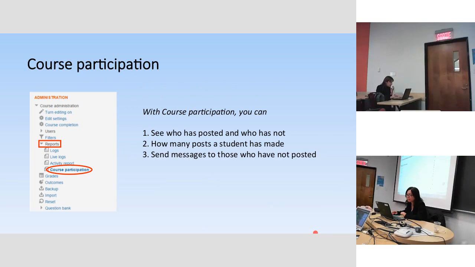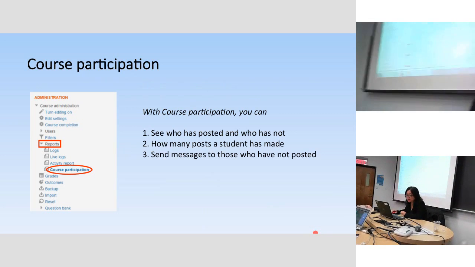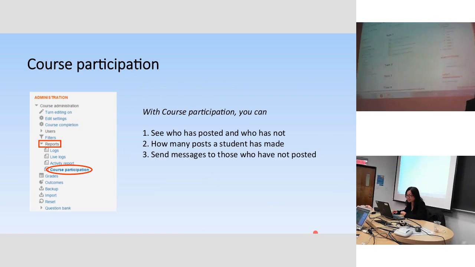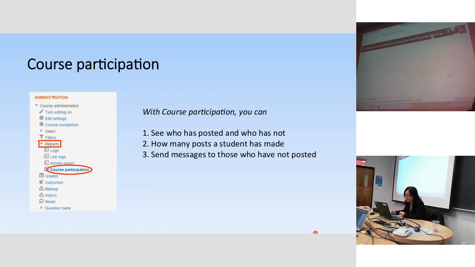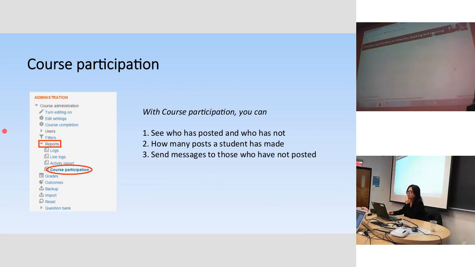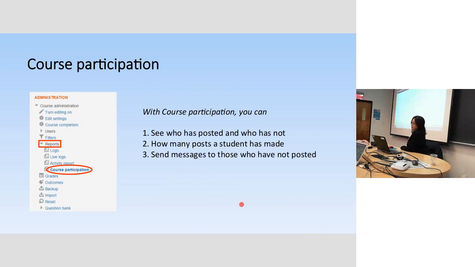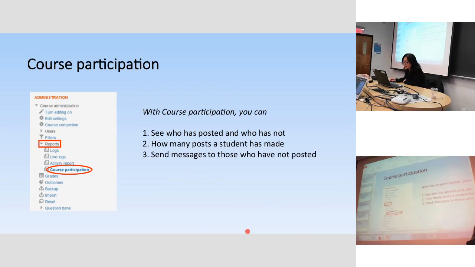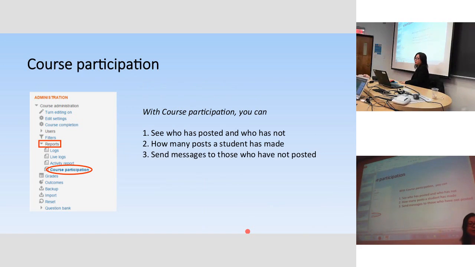It's here. So I go to reports, and then course participation. While we were waiting, what we can see here is three important things. You can see who has posted and who has not.